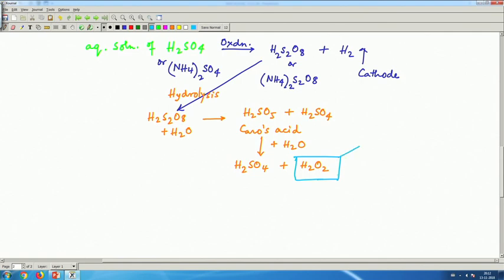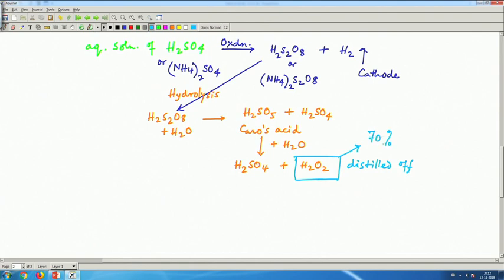It is in the reaction medium, and it can be distilled off, and the total yield can go up to 70%.